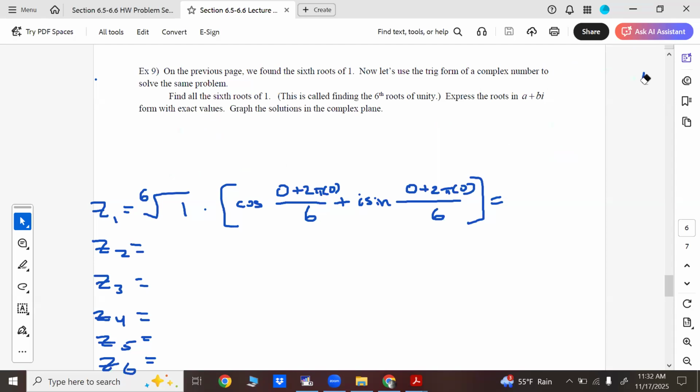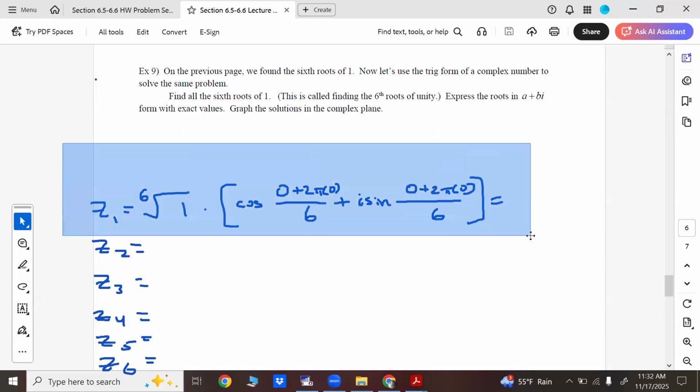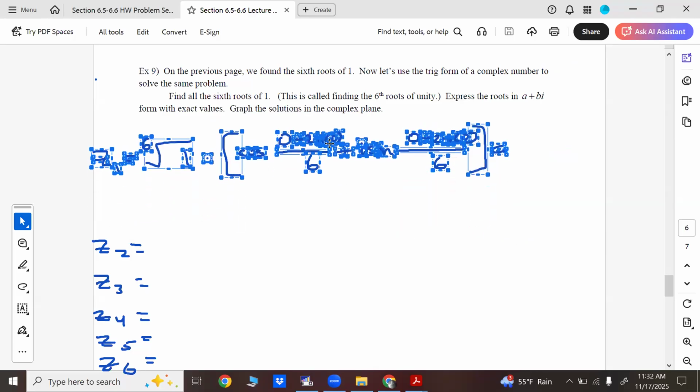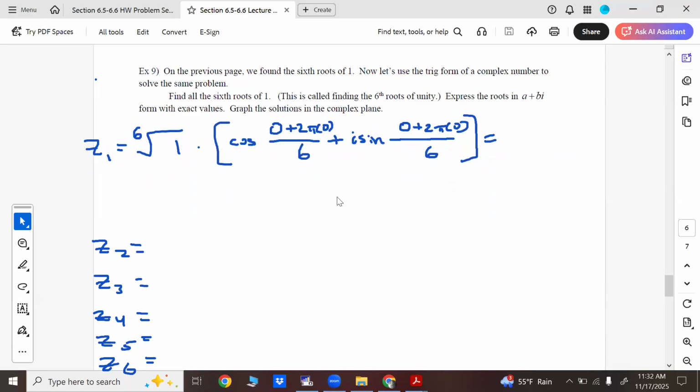Actually, I could probably space this out a little bit better. So much better. There you go. It's going to be 1 times 1 plus 0i, which of course is just 1. We know this. Not a problem.